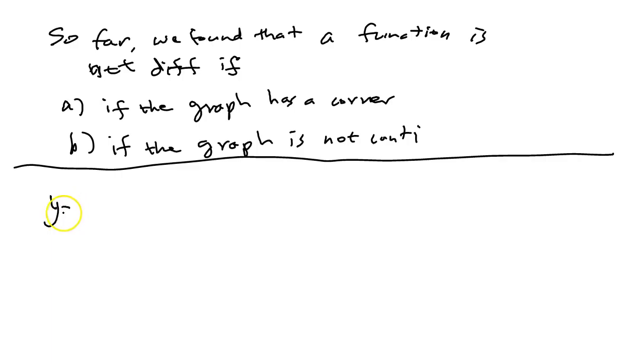If you draw the graph of y equals cube root of x, the graph looks like this. And if you look at the tangent line at 0, well, the tangent line is like this. The tangent line is the closest straight line that mimics the behavior at a certain point.